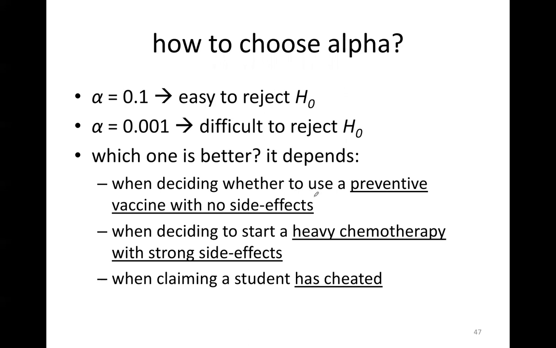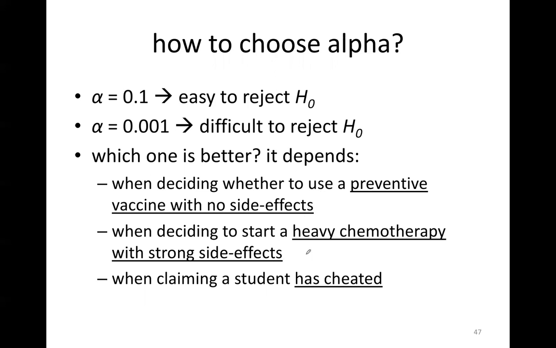The vaccine might not be effective, but if it has the possibility of being preventive, then why not use it? And eventually it might turn out to be not effective, but that might be okay.